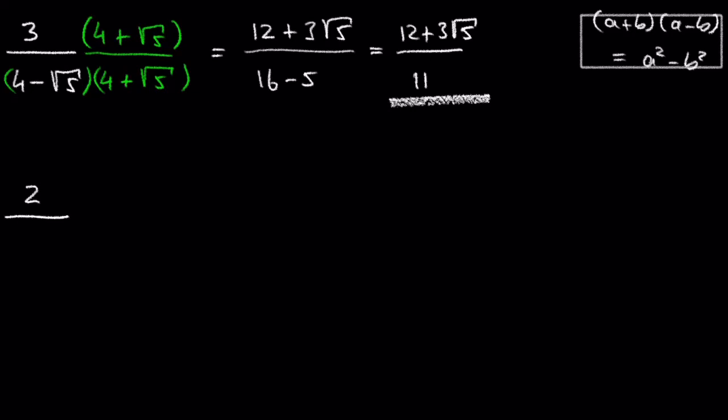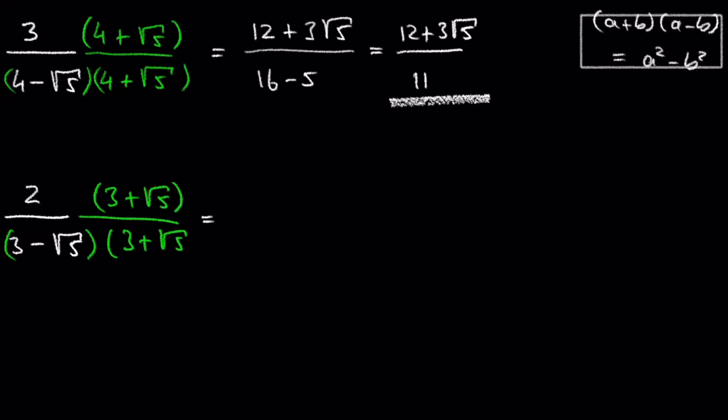2 over 3 minus the square root of 5. The conjugate of 3 minus the square root of 5 is 3 plus the square root of 5. Two times 3 is 6.